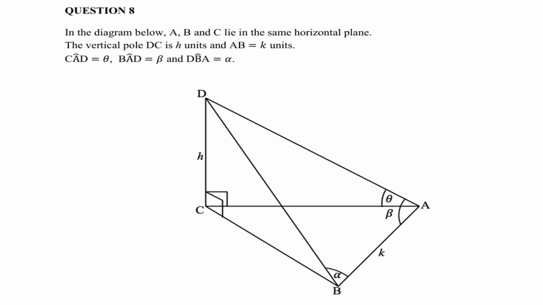Angle CAB is theta and angle BAD is beta. And of course, angle DBA is alpha. So please make sure that you orientate yourself in a 3D format, otherwise you're going to have a challenge in answering the questions.